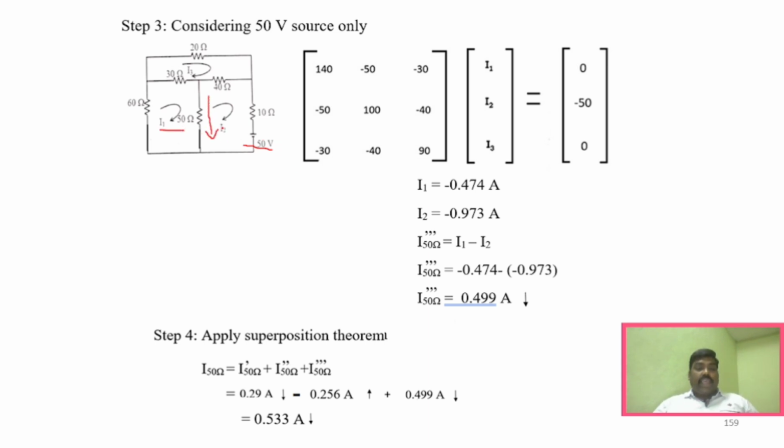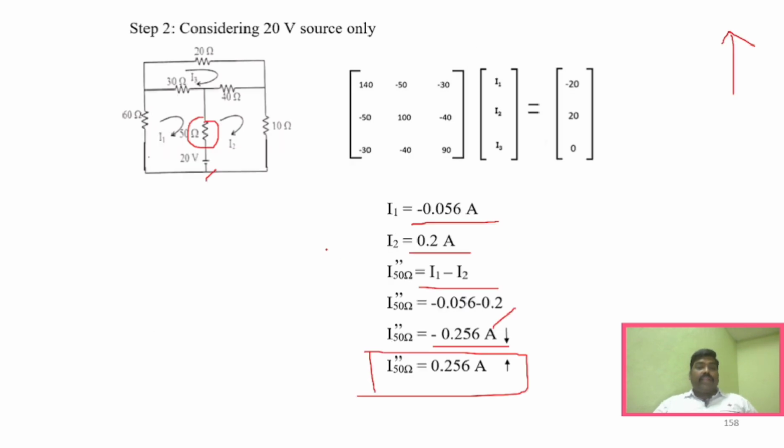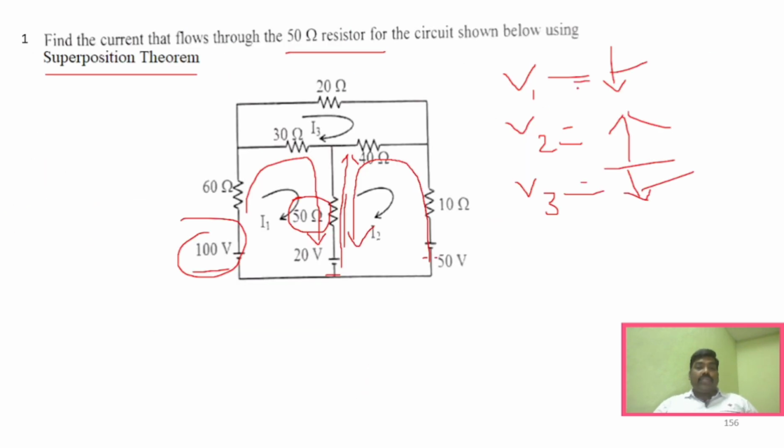So we find I1 and I2 and subtract them, and we obtain I50 for the third voltage source. Now remember what I said before. If you take these three voltage sources, voltage source 1 goes downwards and voltage source 3 goes downwards, whereas voltage source 2 goes upwards. So these two currents must be added, whereas this has to be subtracted, correct?